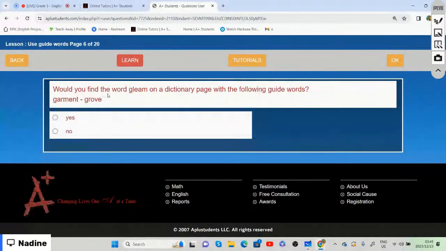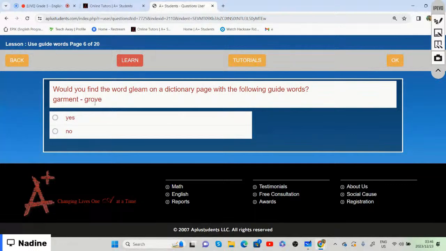And would you find the word gleam on a dictionary page with the following guide words? Garment and grove.